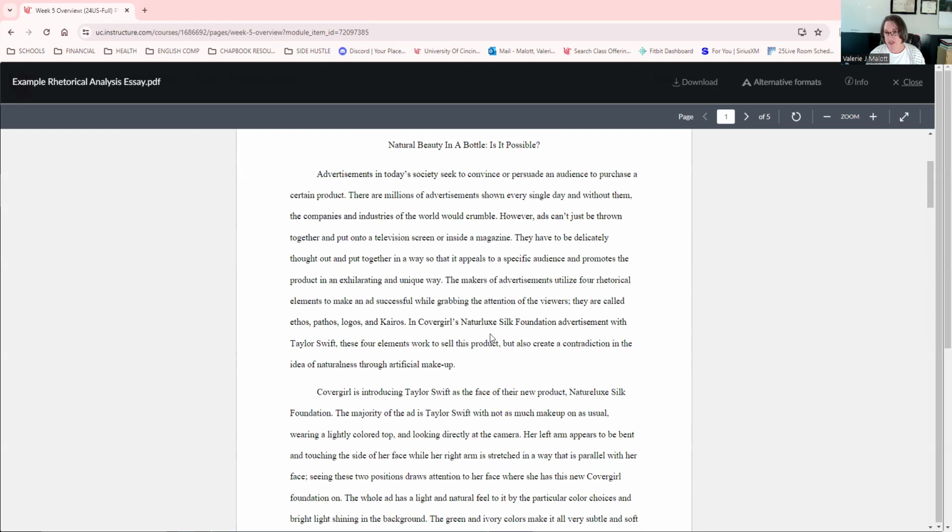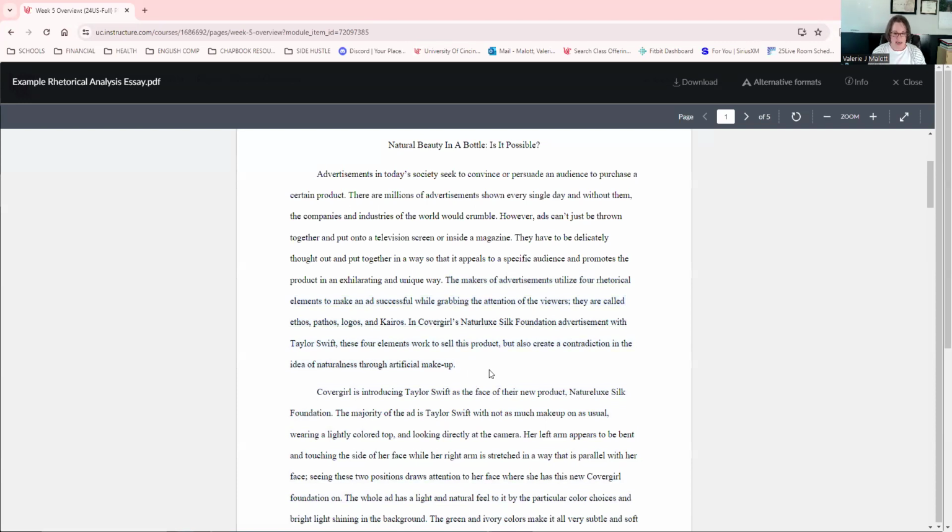In CoverGirl's Nature Lux Silk Foundation advertisement with Taylor Swift, these four elements work to sell this product, but also create a contradiction in the idea of naturalness through artificial makeup. So the thesis statement here is actually these two sentences.